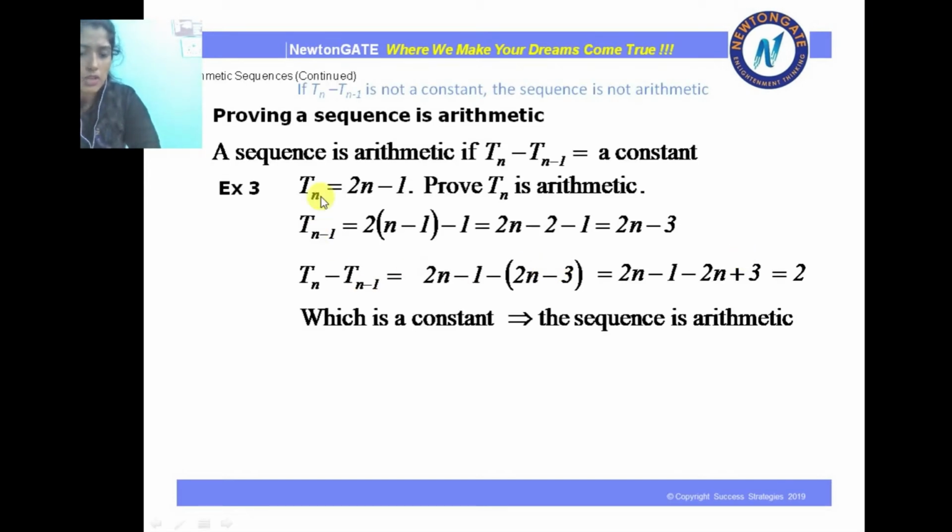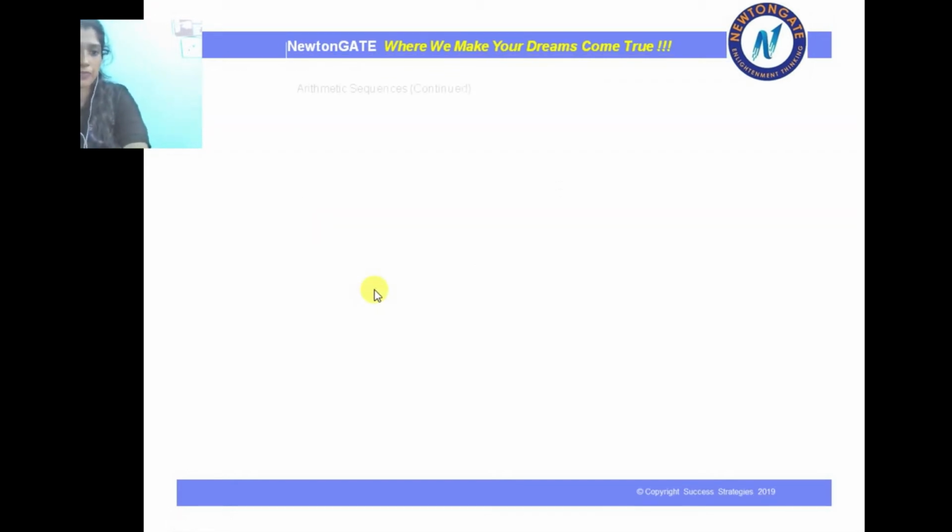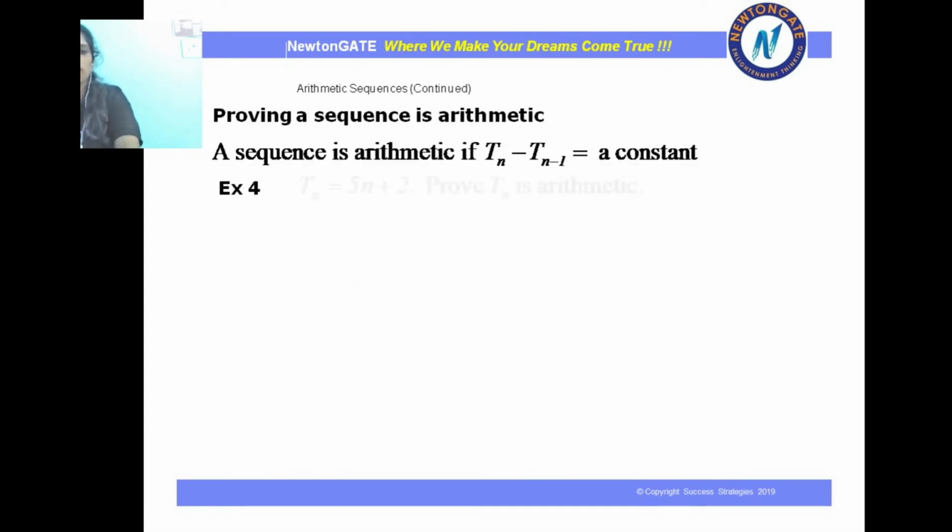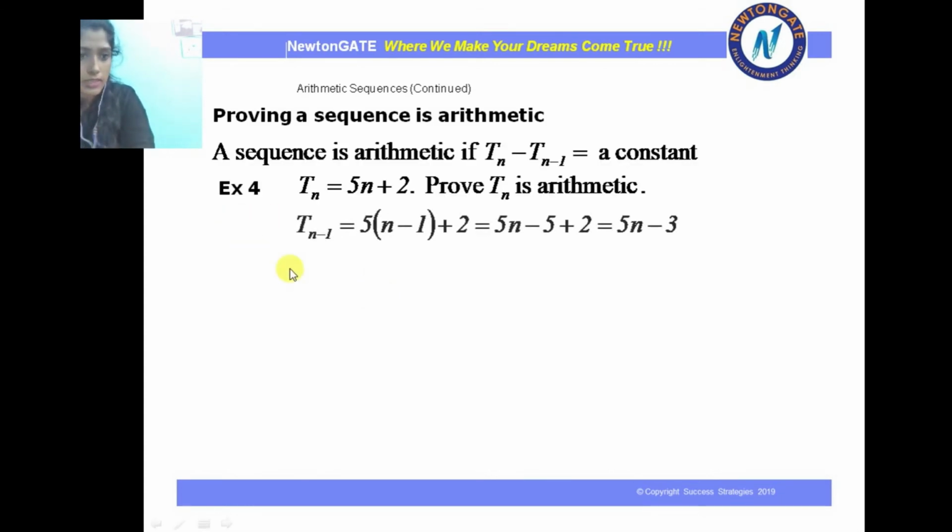Just put n minus 1 instead of n, and then subtract. Let us do that. So yes, Tn-1 is 5n minus 3. We have got Tn, we have got Tn-1. What is left to do? Just subtract. You will see that you are going to get a constant here.